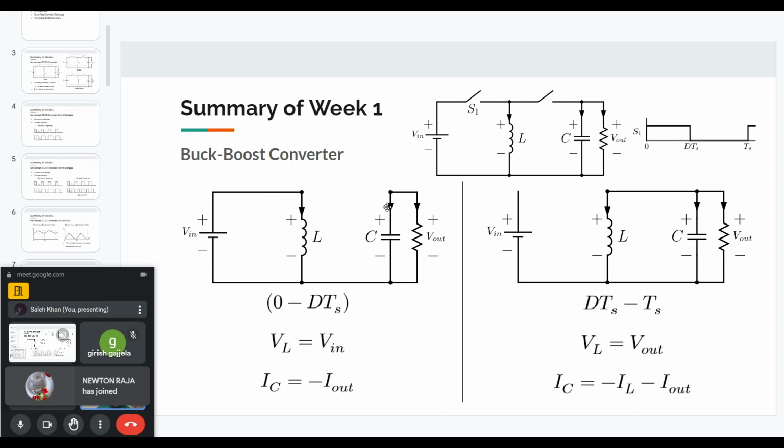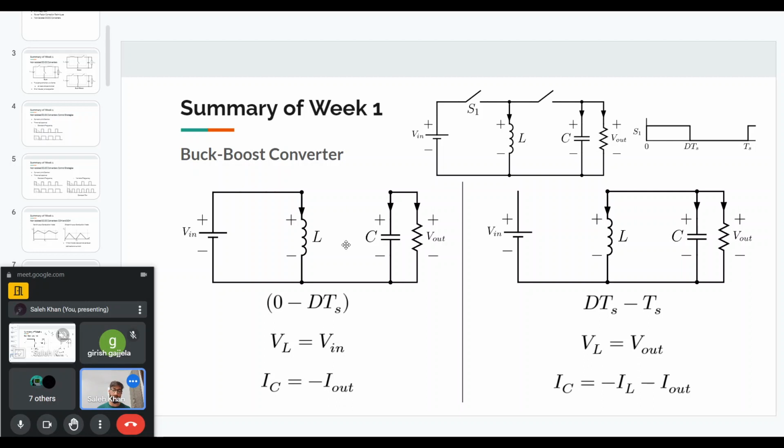On the left, I have how the circuit will look during 0 to DTS time. This S1 switch will be on and the other switch will be off. So the inductor will basically be connected to the input voltage. So the voltage across the inductor VL will be equal to Vin. In each interval I want to find two things.